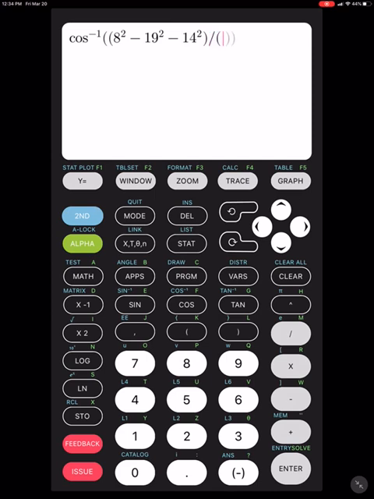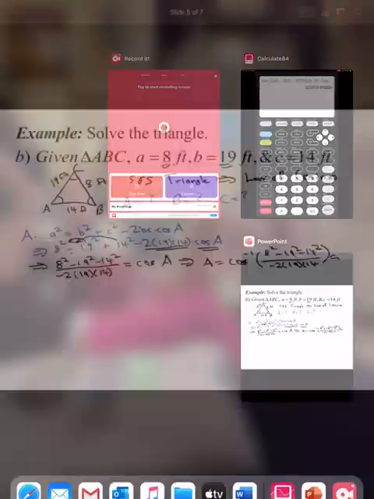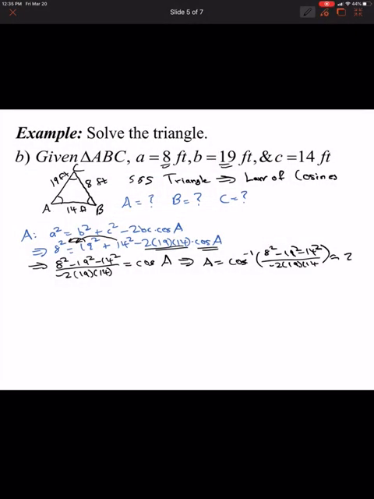Divided by my denominator, negative 2 times 19 times 14, close it, and then close that out. What do we get for our angle measurement? We got 22 degrees, going to the nearest whole number. So 22 degrees for angle A. There's one third of our unknowns. So this angle, again, is 22 degrees.